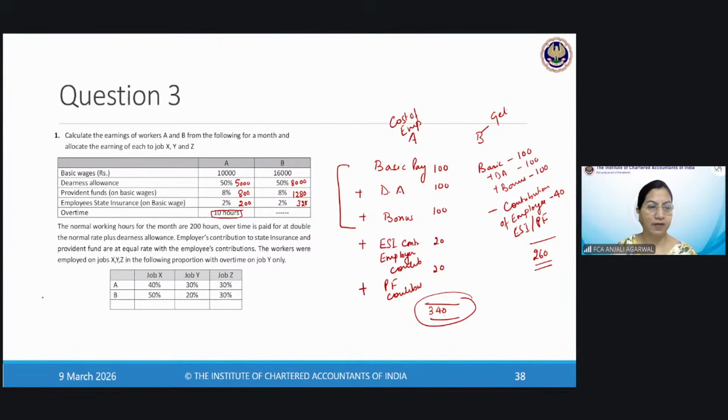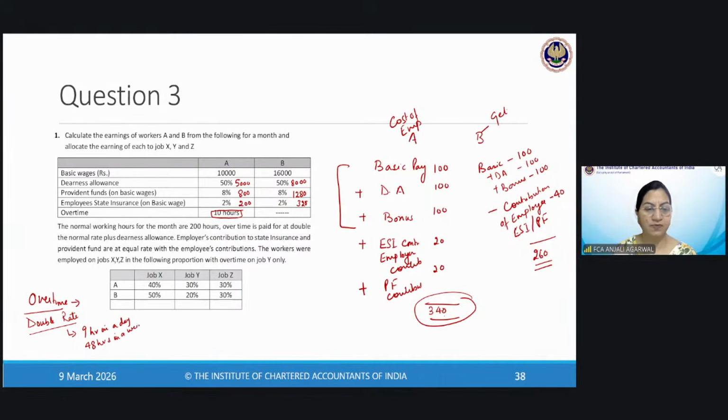Regarding overtime, if nothing is said, we follow the Factories Act provisions, which say that the worker should be paid at double rate for the overtime, firstly. And you also take overtime as anything beyond 9 hours in a day, and anything above 48 hours in a week is overtime.